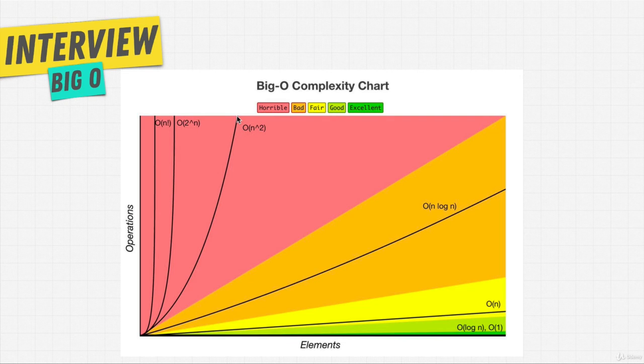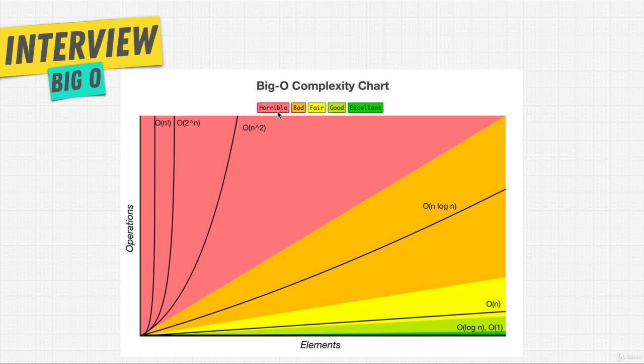And a lot of interview questions ask you to solve a problem that initially is O of n squared and make it faster by perhaps making it into something that is a bit lower over here, that is bad, fair, good, excellent, but definitely not horrible.